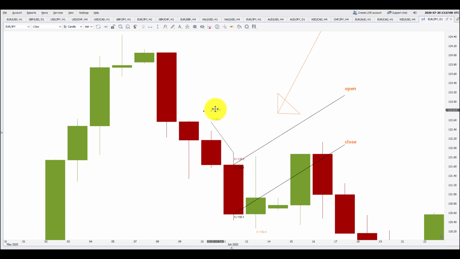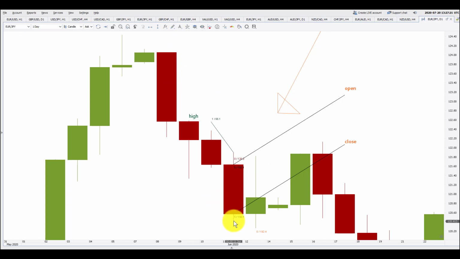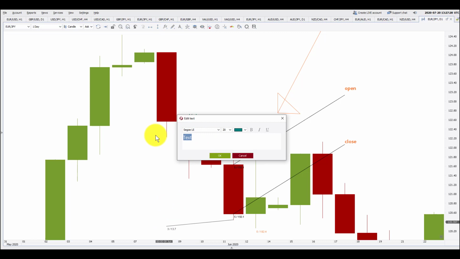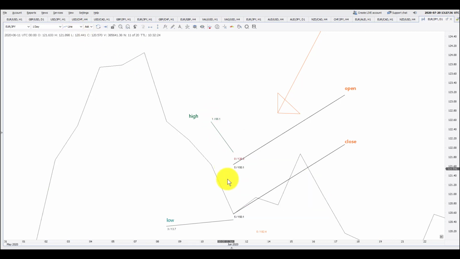It is the highest price that was traded during that day. And the lowest portion of the wick is known as the low of the day. So when there was only a line chart, I did not have this extra information with respect to the line chart.